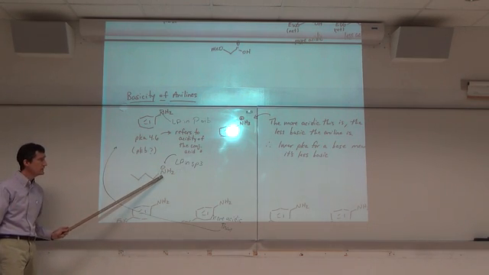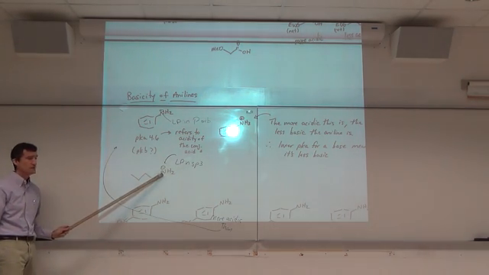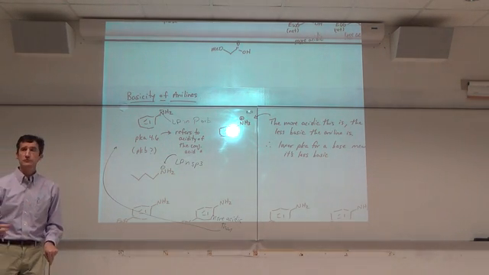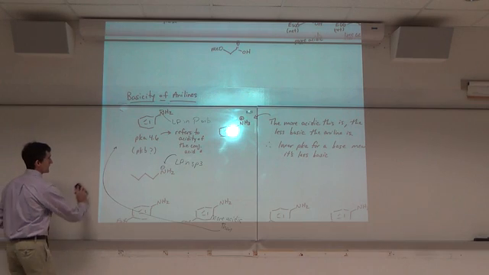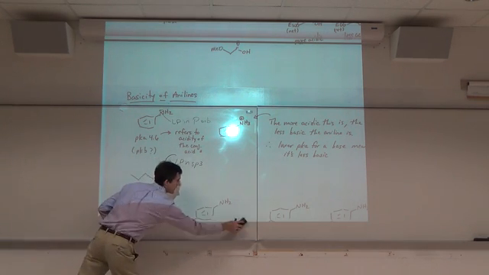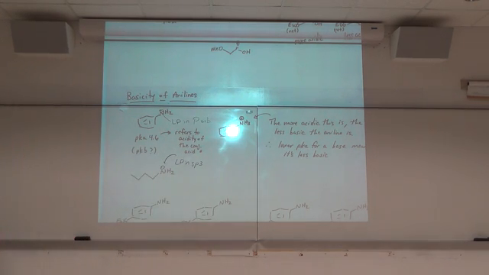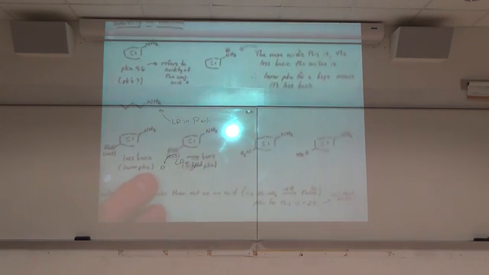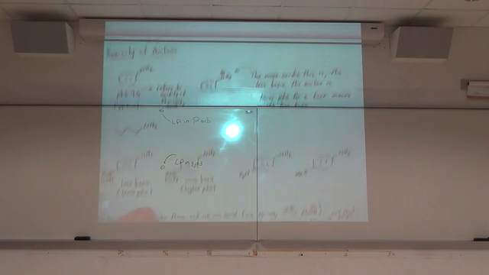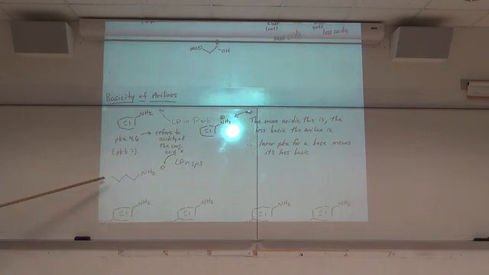sp3 nitrogens are often called sort of nature's bases, because most of the bases you find in nature are sp3 nitrogen neutral compounds. Let's look at the anilines though. By the way, what is the pKa for this aliphatic amine, this saturated primary amine?